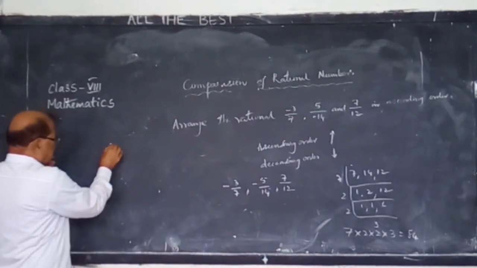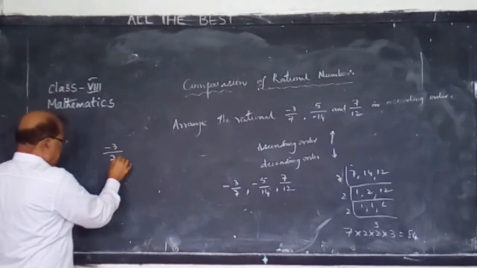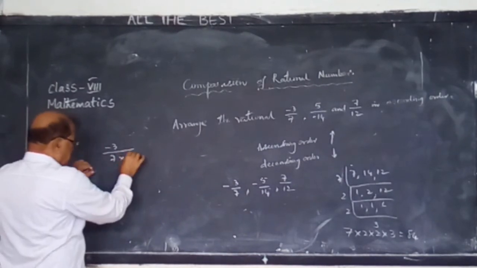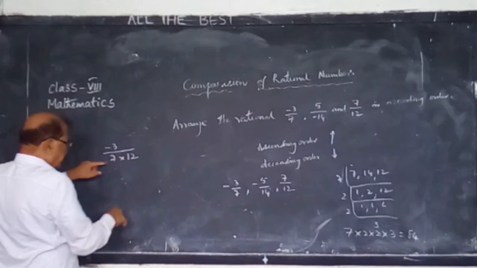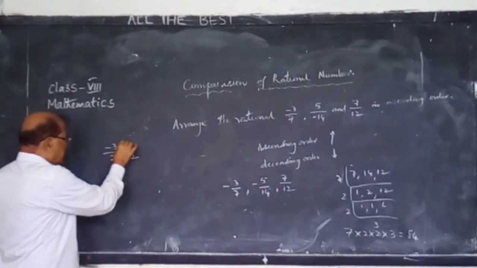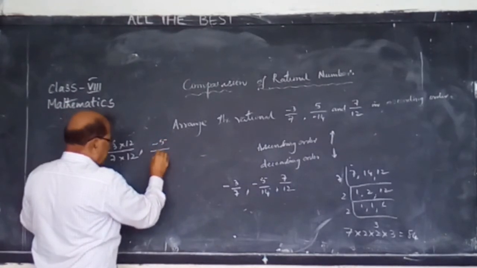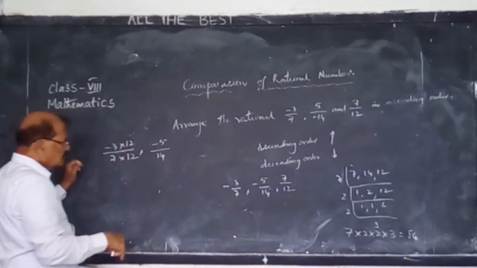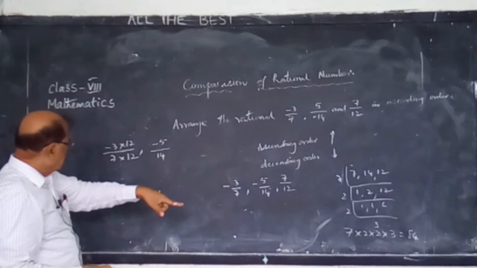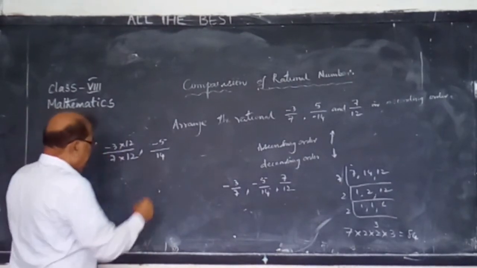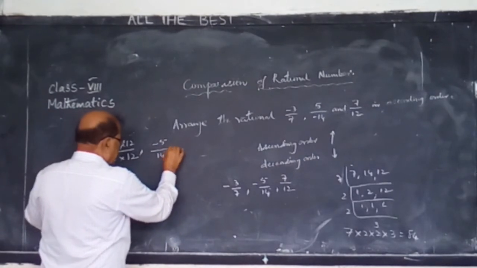So minus 3 by 7, in order to make this denominator 84, it is multiplied by 12. When you are multiplying the denominator, you should multiply the numerator also. Comma, minus 5 by 14. 84, so multiply by 6. 14 6s are 84.